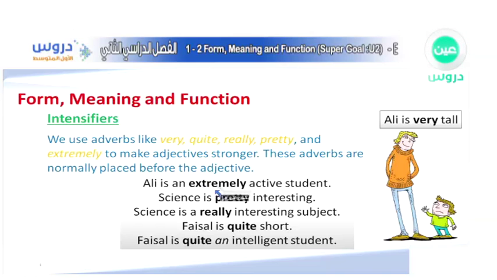Okay, extremely is the adverb which comes before the adjective. Okay, for example, Ali is very tall. We can say extremely tall, really tall, quite tall, pretty tall. Okay, science is pretty interesting. Science is a really interesting subject. Faisal is quite short. Faisal is quite an intelligent student.